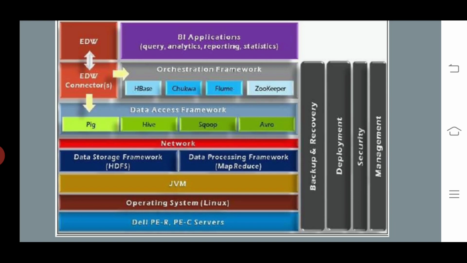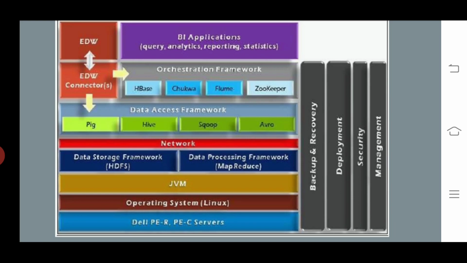Enterprise data warehouse. In that we have the EDW connectors, enterprise data warehouse connectors. Coming to the first block, we can see BI applications. There are so many applications using these BI applications.